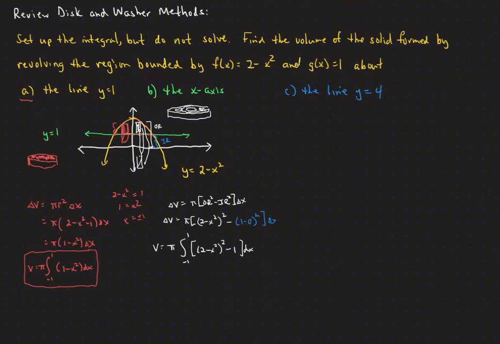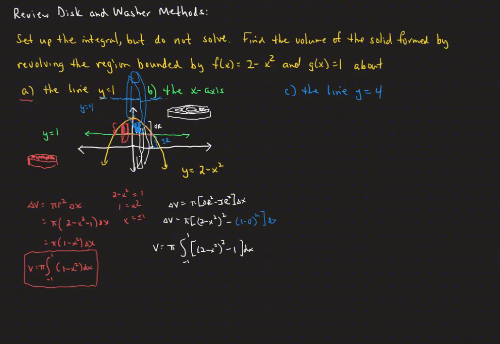Now if we do the line y equals 4, that line is going to be up here. So here's approximately our line y equals 4. Now we take our rectangle, and we look at this rectangle again right here, and we spin it around that line y equals 4.